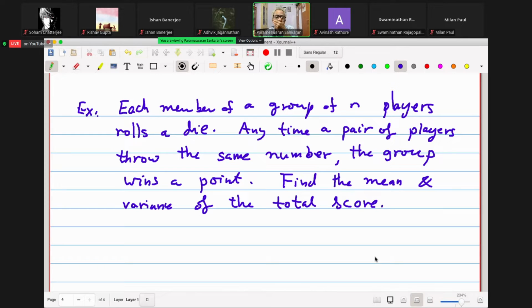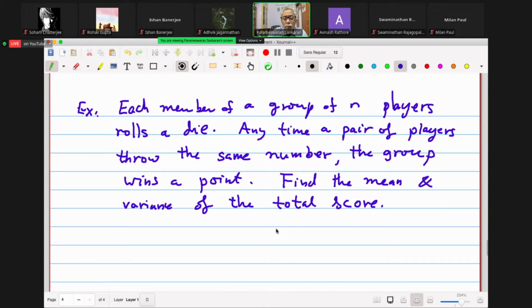So you have a random variable. What are the values that it can take? It can take values from 0 to, not n, but some other number.